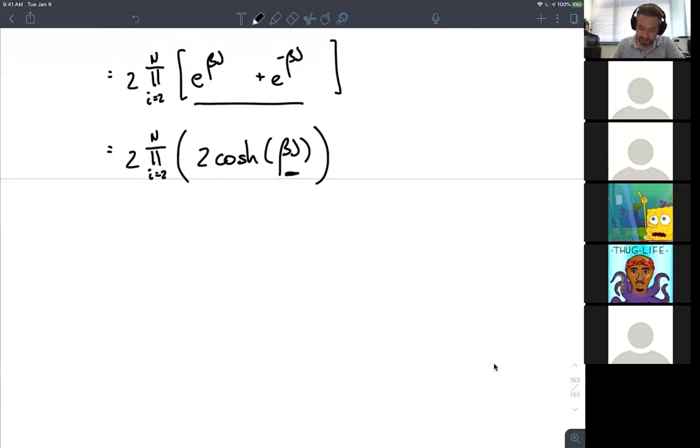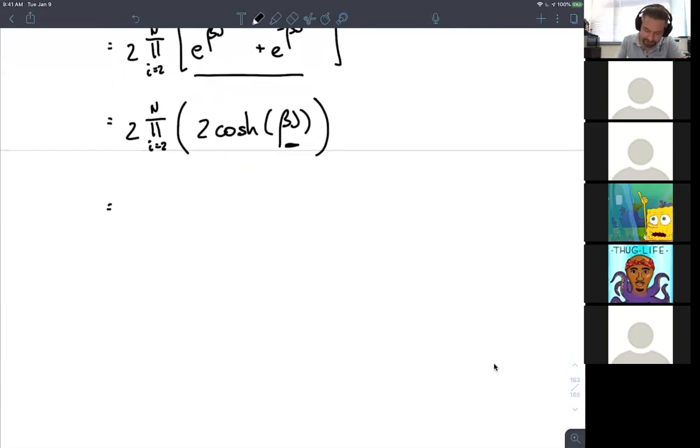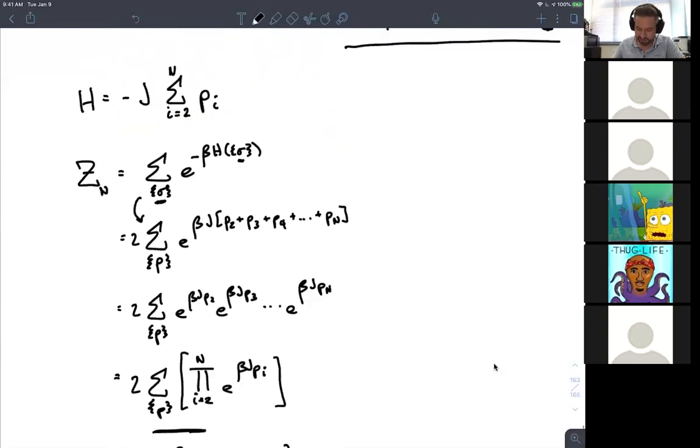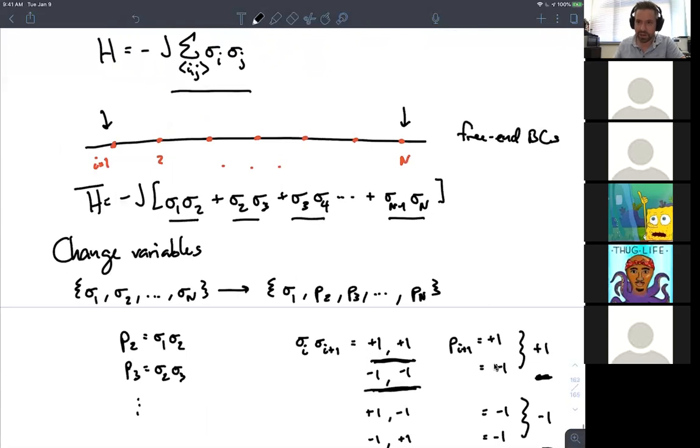And if we write this thing out explicitly, what we're going to get is 2 times, and now another little subtlety here is that our product starts from 2 to n. So when we write out this product, we're only going to get n minus 1 terms instead of n. This is actually a consequence of our free boundary conditions.